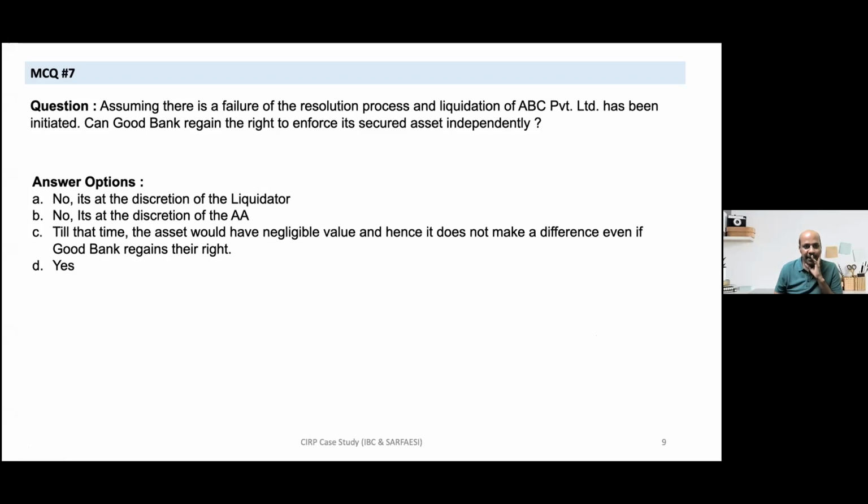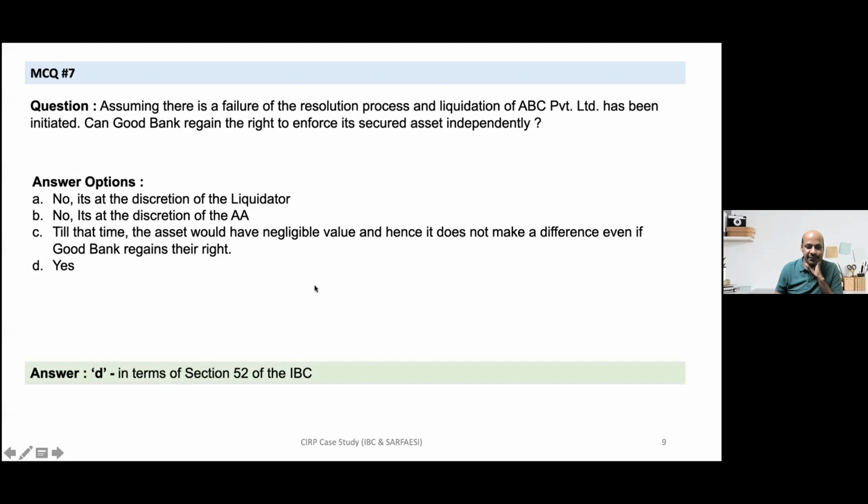So basically what happens is when ABC Limited goes under liquidation, there is a specific section which highlights how the assets, or I think the waterfall mechanism, how the proceeds of those assets will be distributed. So I'm just giving a hint. I think most of you have got the right answer.